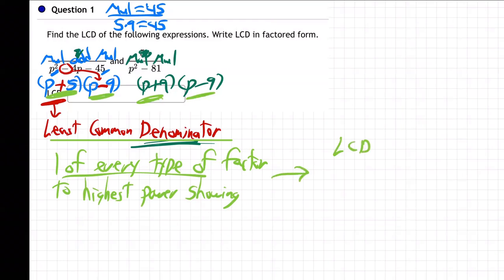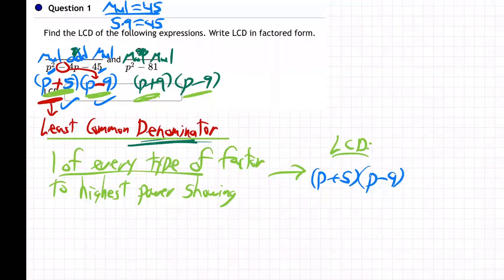So the LCD here is going to be the P plus 5, check, you need one of those. P minus 9, check, you need one of those. And then next comes the P plus 9, check, we need one of those.